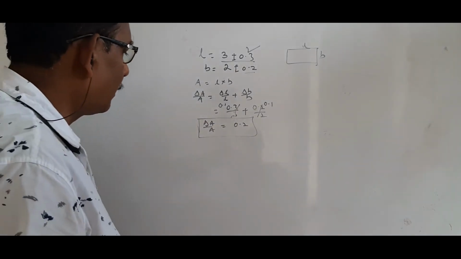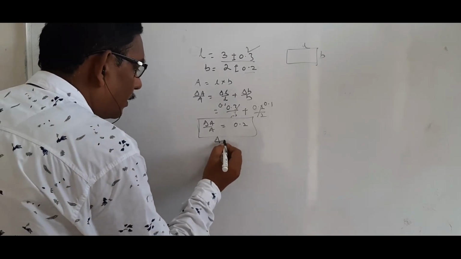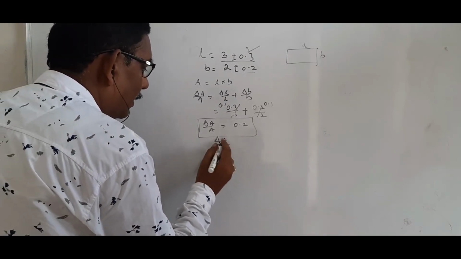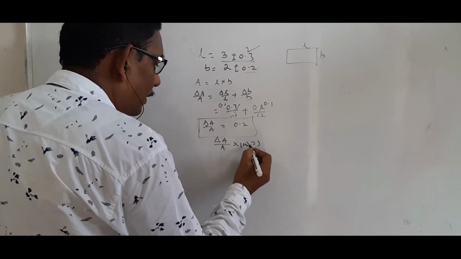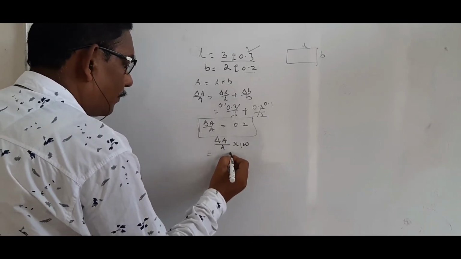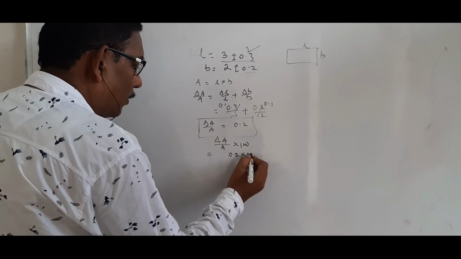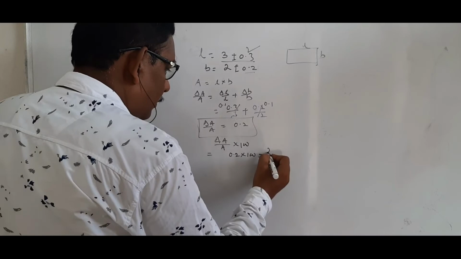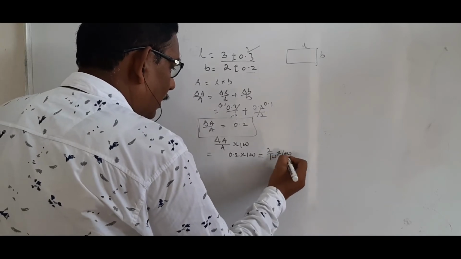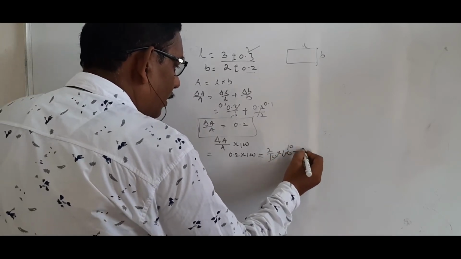In order to calculate the percentage error, delta A by A into 100, that implies 0.2 into 100, that is your 2 by 10 into 100, 20%.